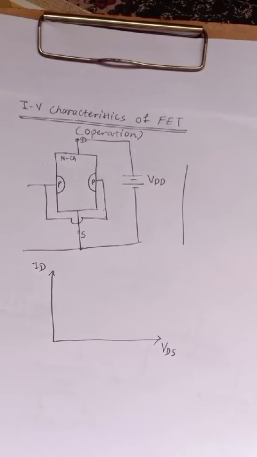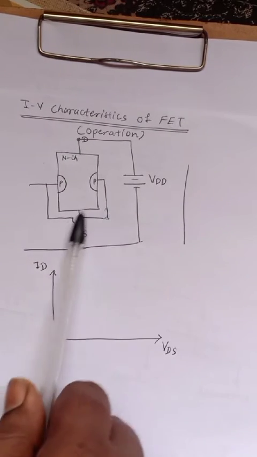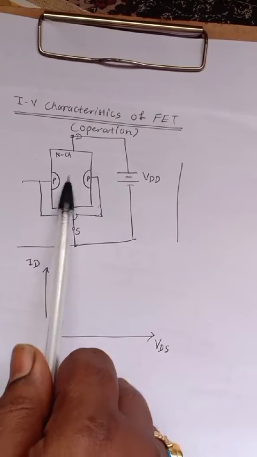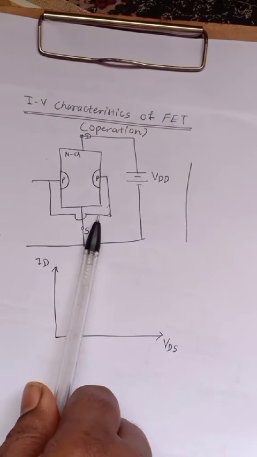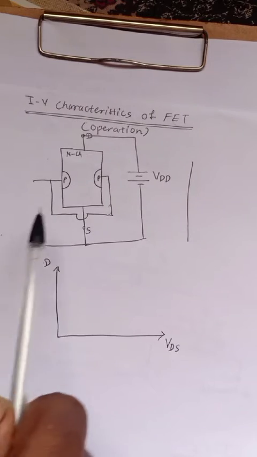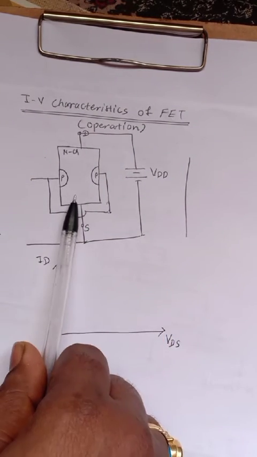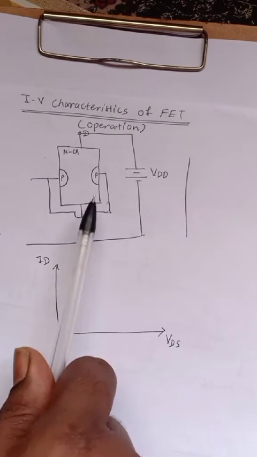Okay, so let us see the characteristics, that is the operation of this JFET, how it works. This is just a circuit to observe the IV characteristic. IV characteristic means we are going to observe the relation between the current flowing through this FET and the voltage across this FET.